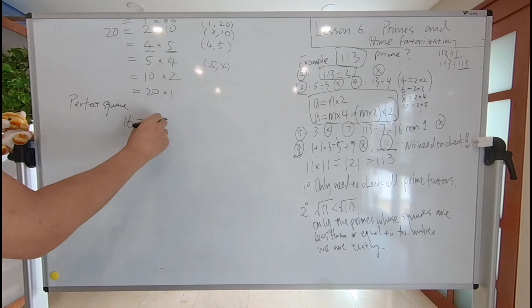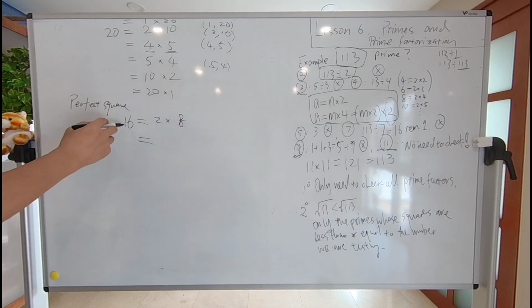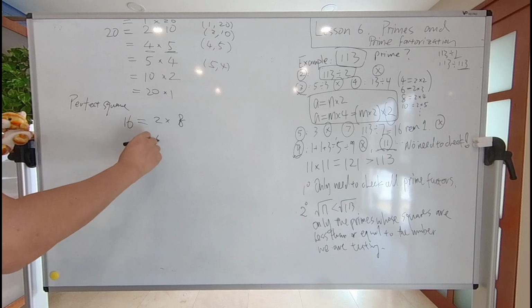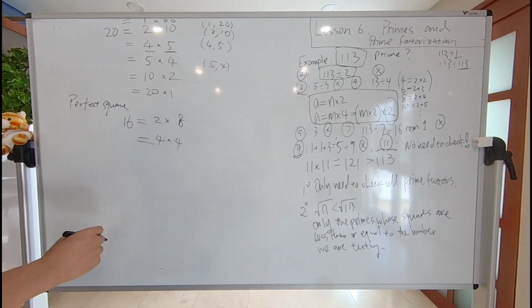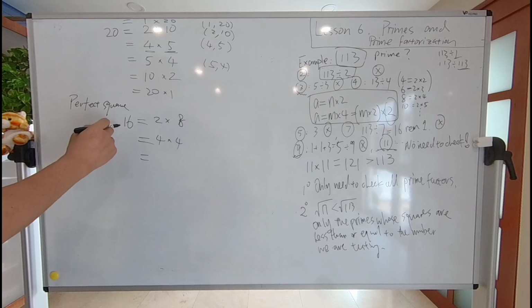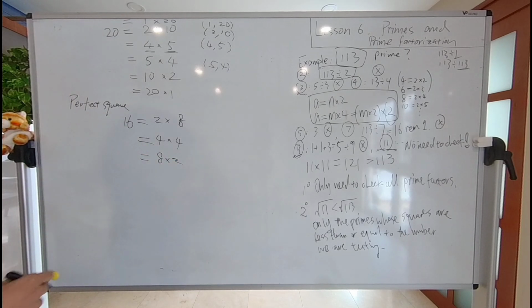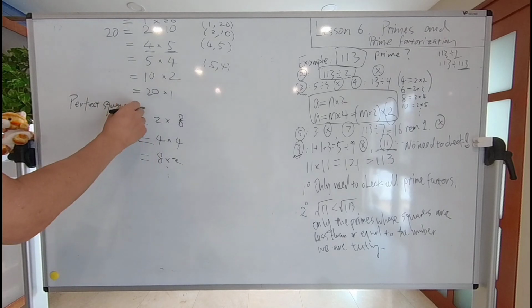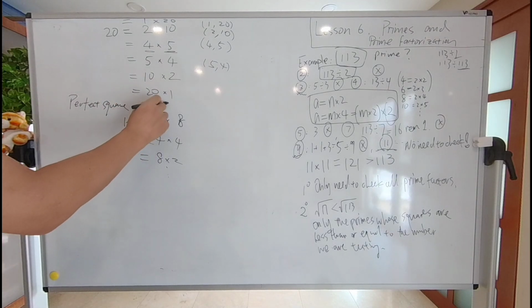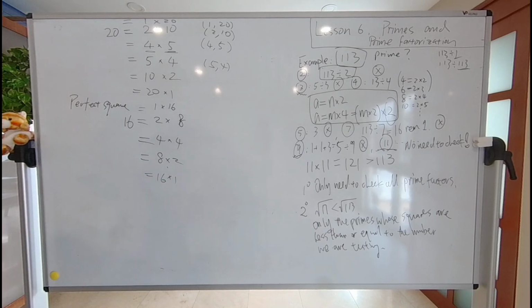I have 2 times 8, 3, nothing. If I have 4, 4 times 4, right? And then I go with 5, 6, 7, 8, 8 times 2. And there are no other factors than 1 and itself, right?